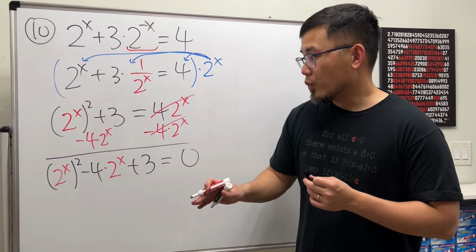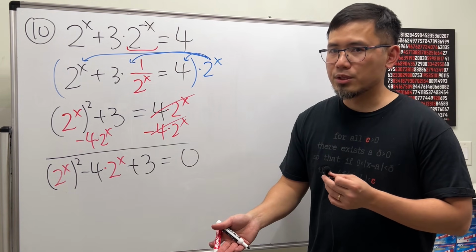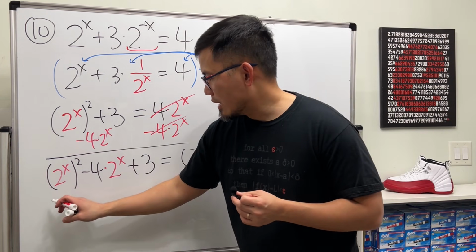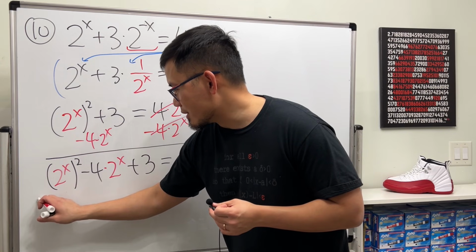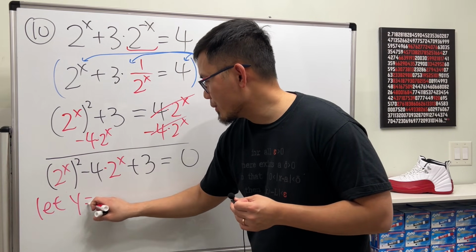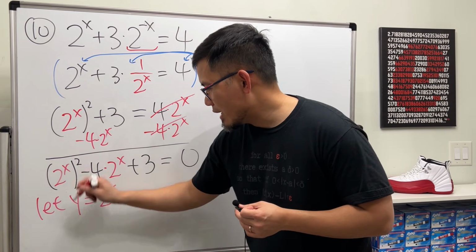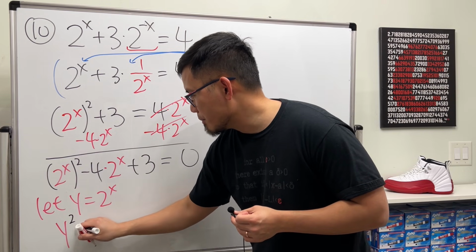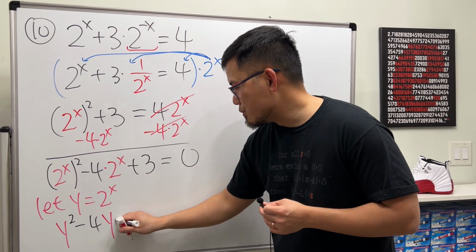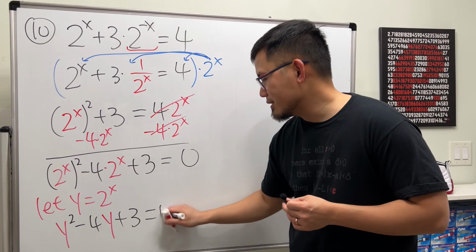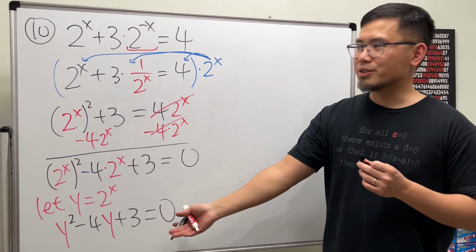Yes. So once again, we can just do a quick substitution. Let's let y equal 2 to the x, so that we are getting y squared minus 4 times y plus 3, that's equal to 0. Again, quadratic equation.